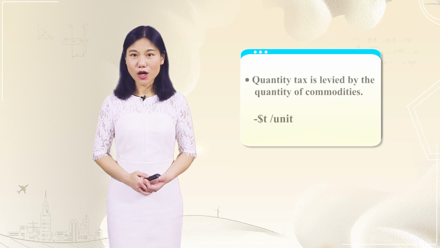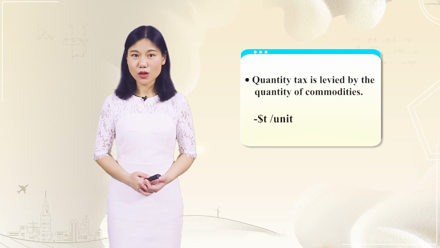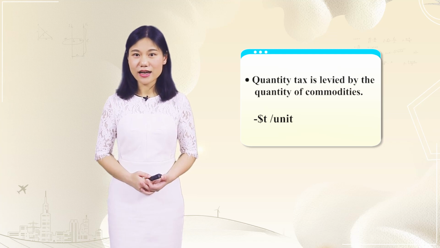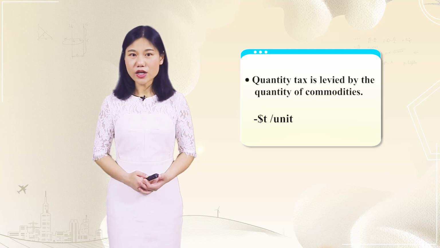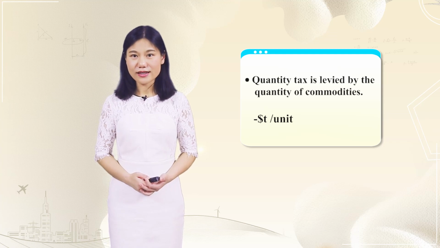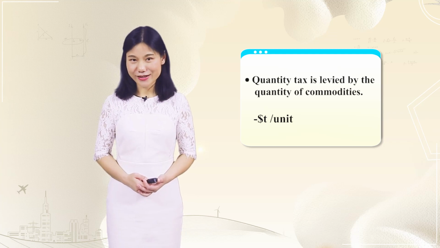We consider a quantity tax, which is levied at the quantity level of commodities. A quantity tax levied at a rate of T is a tax of T levied on each unit traded. Quantity tax can be collected from the seller and can also be collected from the buyer.